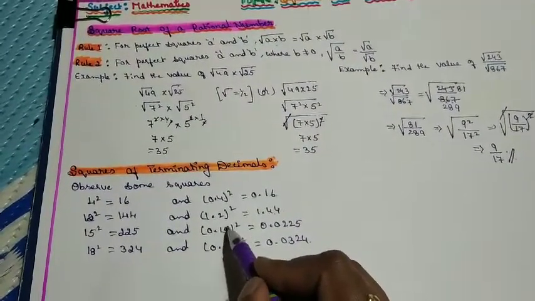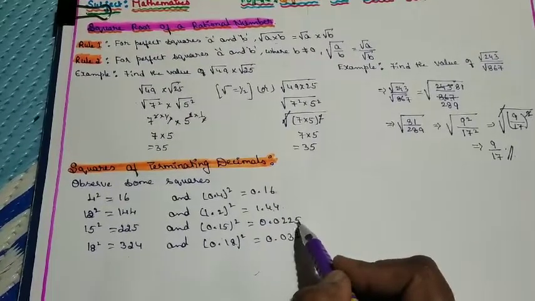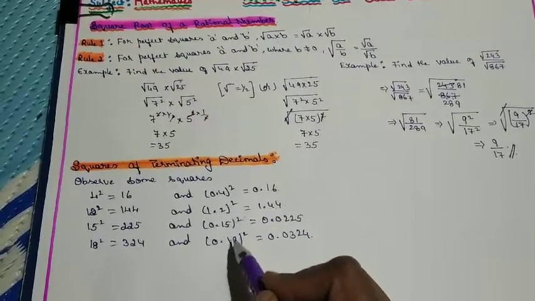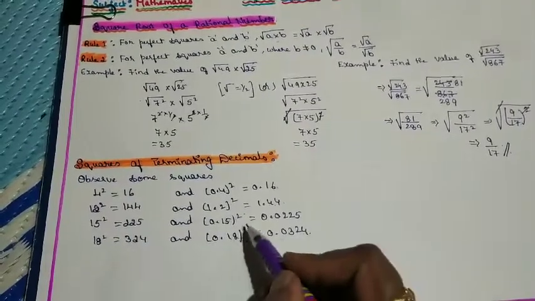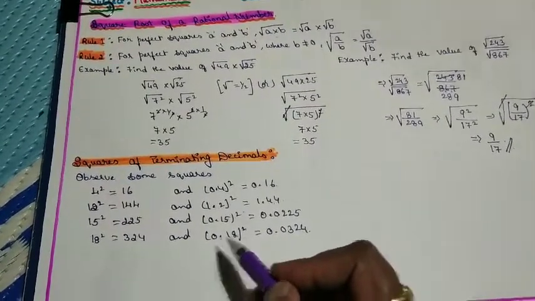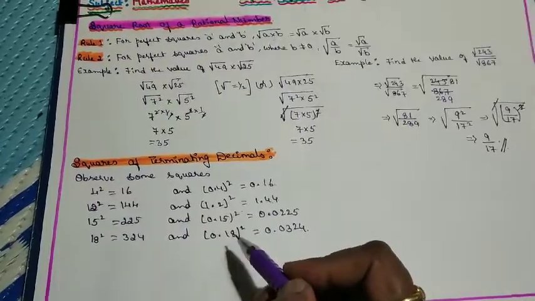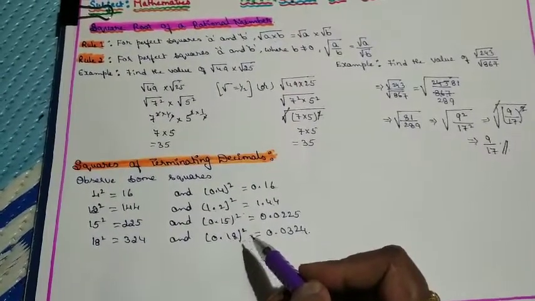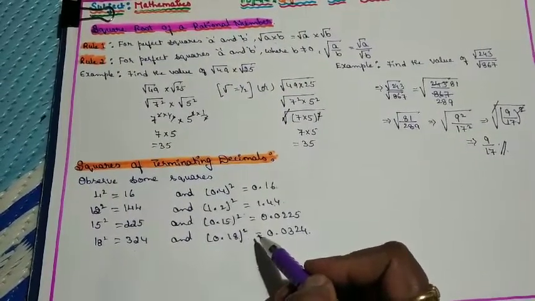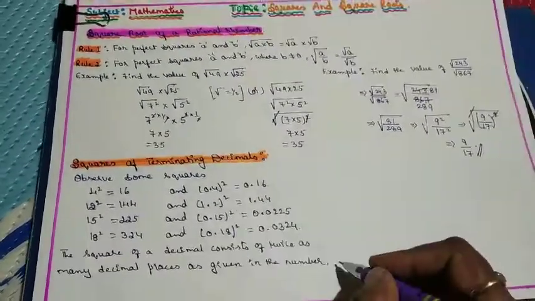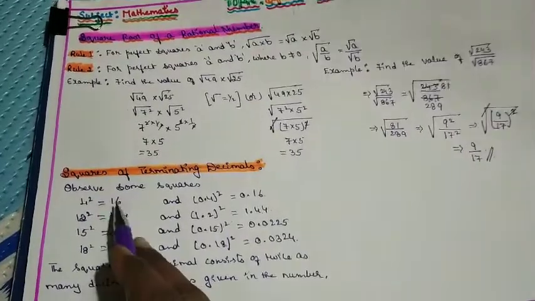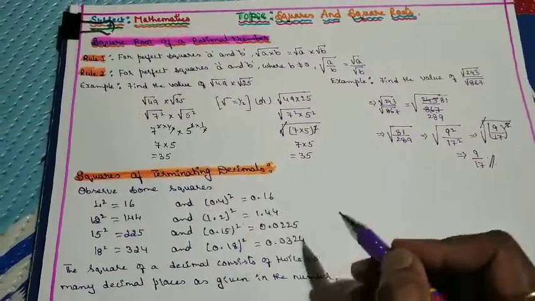Here 2 decimal places changed into 4 decimal places when made into squares. So we can write the conclusion that the square of a decimal consists of twice as many decimal places as given in the number. So based on this, let me give some examples.